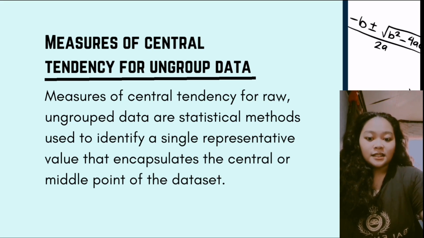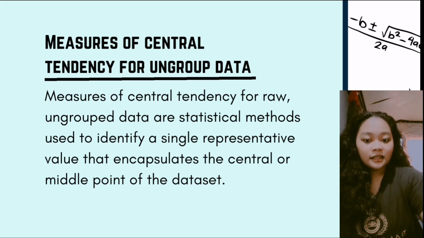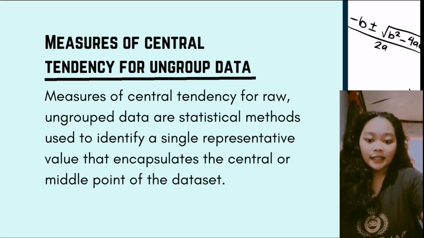These measures, such as the mean, median, and mode, provide insight into where the bulk of data points cluster, offering a snapshot of the typical or central value within the dataset without categorizing or grouping the data.